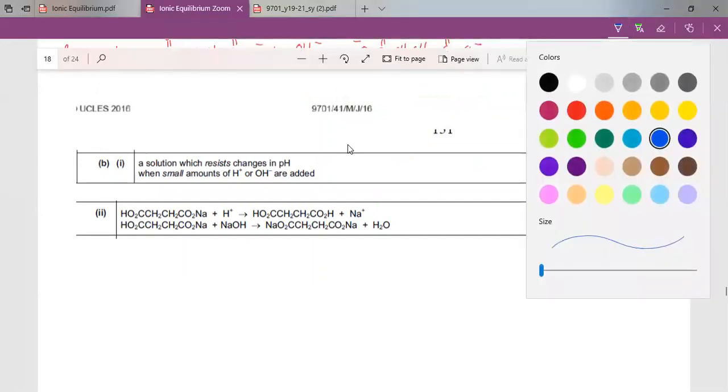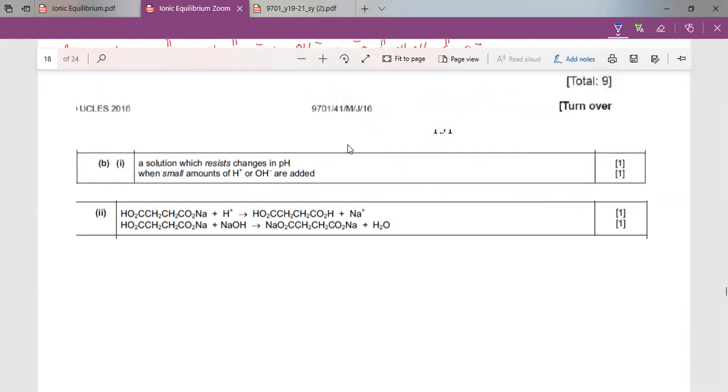Okay, resists changes in pH, when small amounts of H plus or acid or base are added. So the two marks here, remember, right? The pH remains fairly constant.